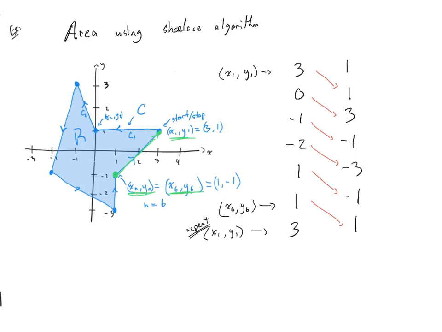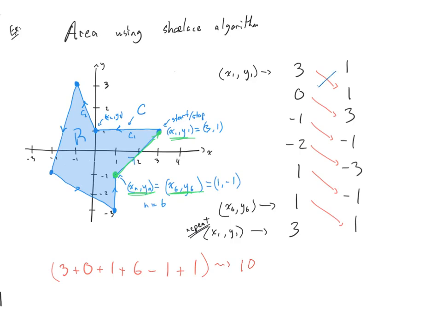So 3 times 1, I get 3 plus 0 plus 1 plus 6 minus 1 plus 1. So all of that adds up to 6, 7, 8, 9, 10.